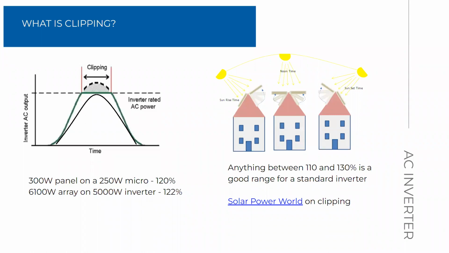On that note, you don't want your inverter to be cranking on full 100% output for too many hours a day. It's going to strain your electronics. So 120% is a good rule of thumb for oversizing to ensure the most production. And this clipping specifically, I'm referring to grid tie solutions, no batteries.